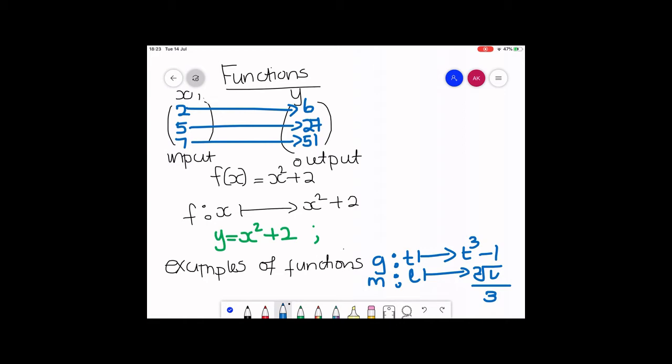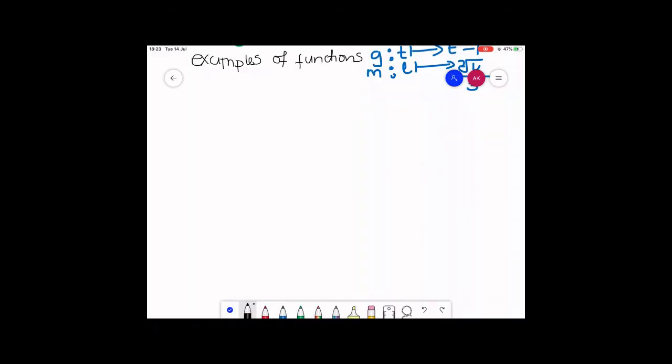Now I'm going to look at the properties of functions. I'll start off by giving us some functions. k such that t is mapped onto 2t squared over 3.